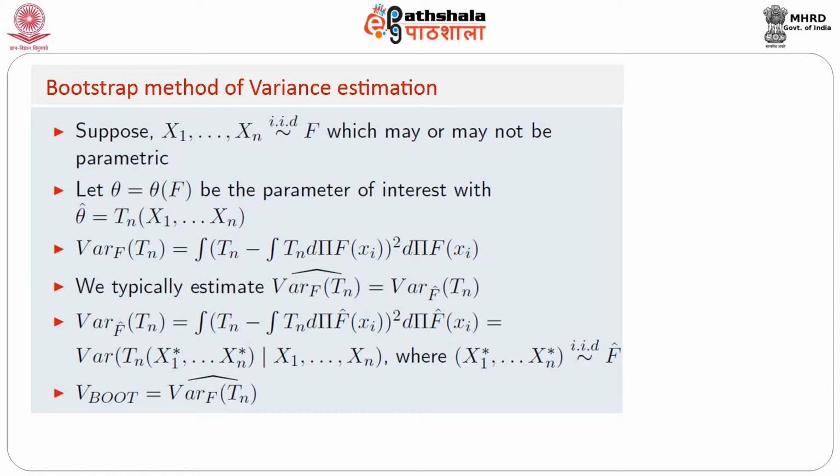Now, we typically estimate this variance of Tn by replacing F by an F hat in the variance form, and we say that this is an estimate of the variance of the estimate.